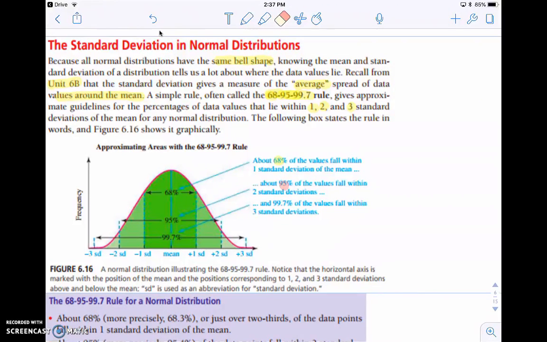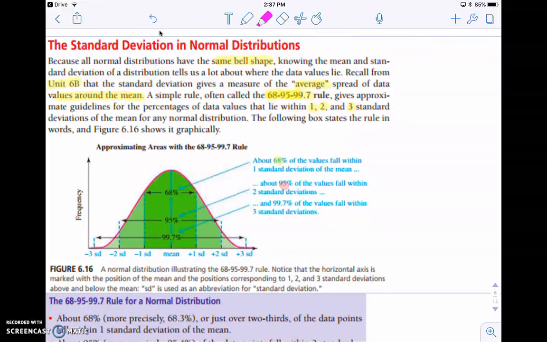So once we know an average and a standard deviation, we're able to figure out how far these things are spread out, and kind of the likelihood. If someone says this is the mean, this is a standard deviation, and this is a data point, how likely is it that this data point will occur? We can get an idea based off of this 68, 95, 99.7 rule.